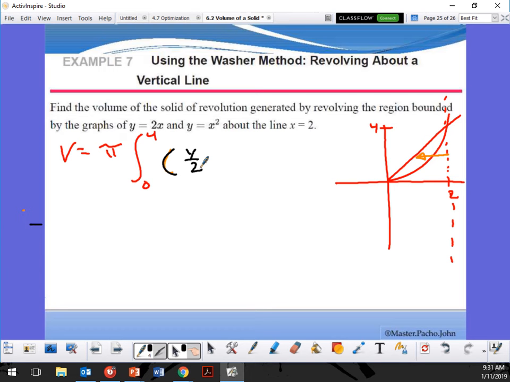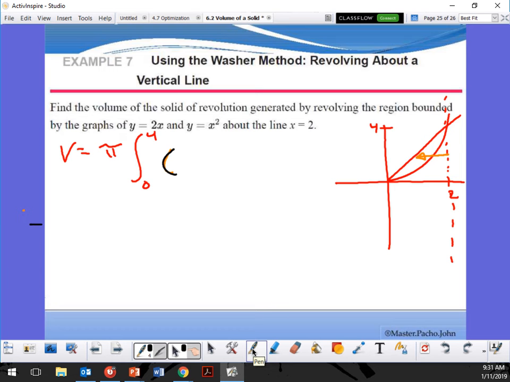So it is my function, right? Because my function always reads from here this way, and I'm always calculating from here this way. So I'm going to start with the function of 2, and it's going to be minus the other side, because I'm taking everything from left to right.